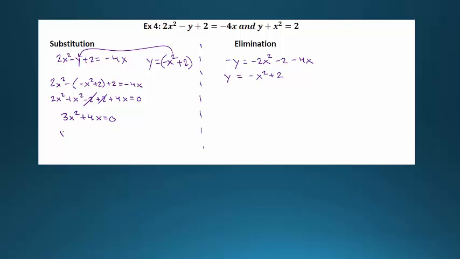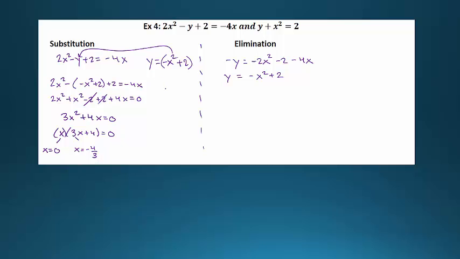So I can factor out an x, leaving me with 3x plus 4. And then I can set each parenthesis equal to 0, and that's going to give me x equals 0, and I'll end up getting negative 4/3 for this. So there's my two answers.